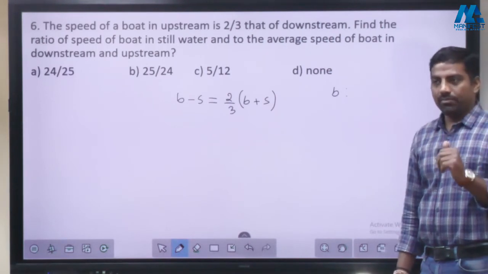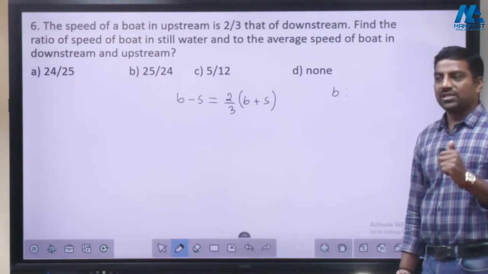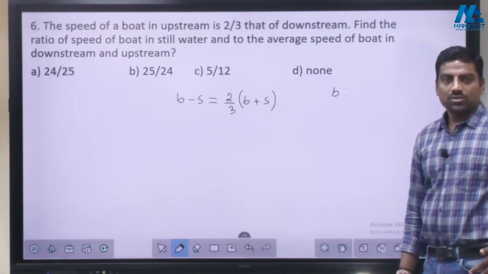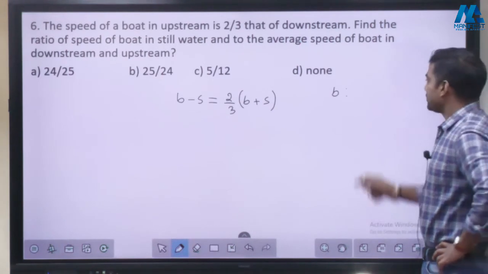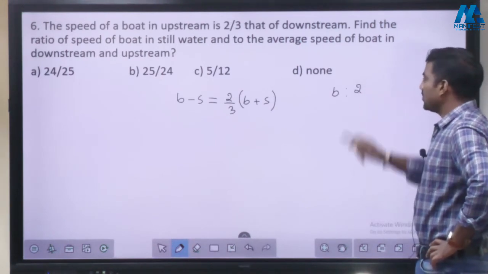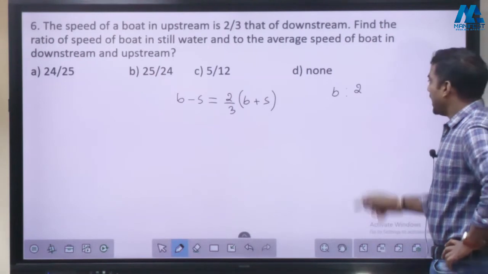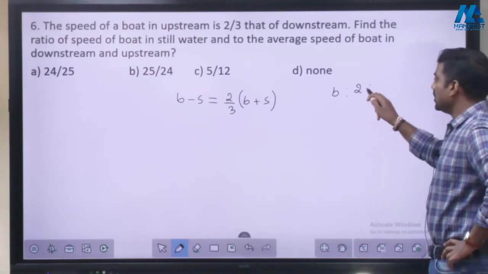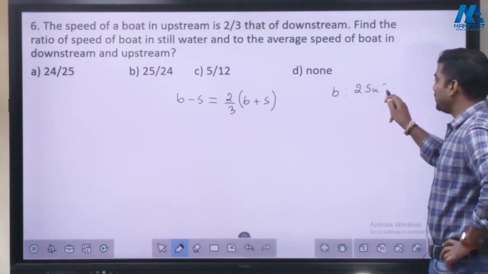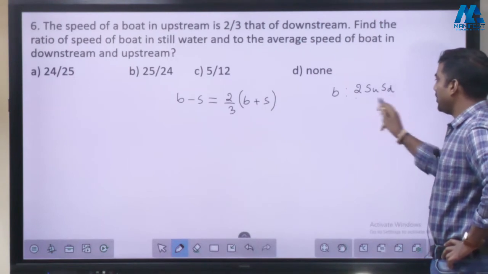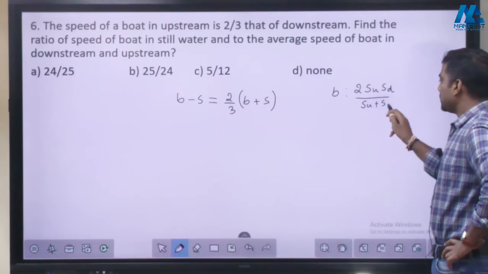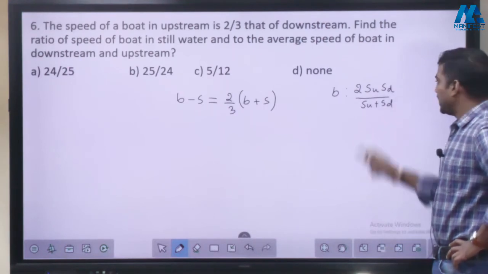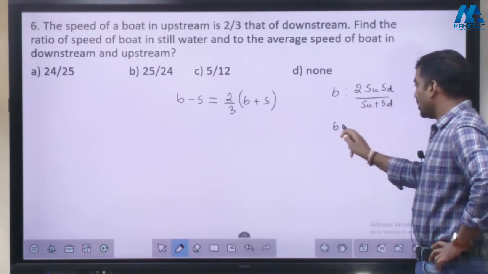So when distance is the same, how do you find the average of the speed? 2 S1 S2 divided by S1 plus S2, that is, 2 times speed in upstream times speed in downstream divided by speed in upstream plus speed in downstream. So let us solve this one first.